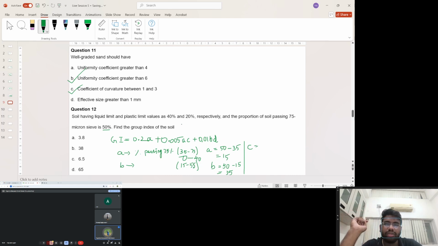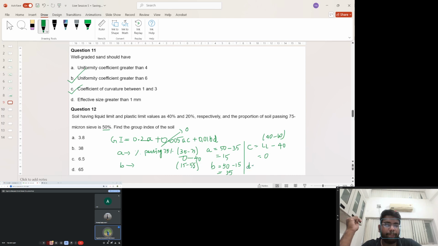The liquid limit is 40%. The range is from 40 to 60, so it should be the liquid limit of the soil minus 40. Since it is 40, it will be 0. Hence this parameter entirely will be 0.